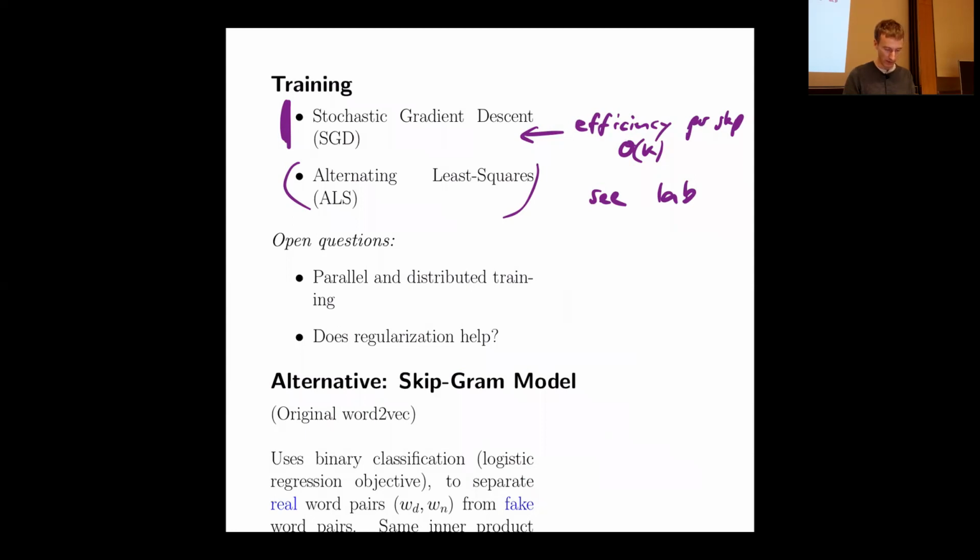Interesting related questions, if you want to go further, would be how to parallelize this. We already talked about how to parallelize the first step, computing the co-occurrence matrix. That's easy with MapReduce. But then there's a bit more to do if you really want to run SGD in parallel. This can also be done.